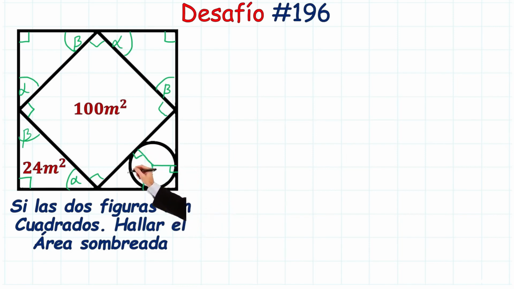Alright, we can draw a line from here to the center point of the circle like this. Notice it forms a right triangle here. And down here a right triangle is also formed, as this line here is tangent to the circle.